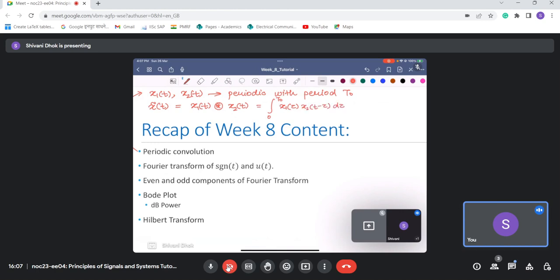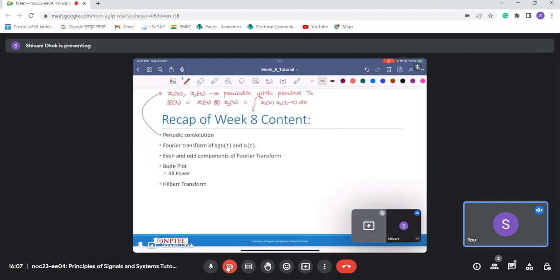This is the definition of periodic convolution, and it was seen that the Fourier coefficients for this are obtained as T0 times ck into dk, where the ck are the Fourier coefficients of x1(t) and the dk are the Fourier coefficients of x2(t). So this was the concept of periodic convolution.